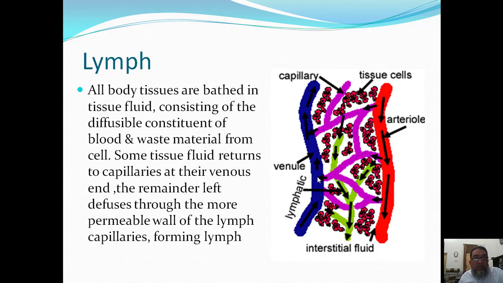The remaining interstitial fluid which is left within the cell is diffused through the more permeable wall of the lymphatic capillary, forming a lymph. So lymph is the remaining fluid present within the interstitial cell that is absorbed by the lymphatic capillaries.